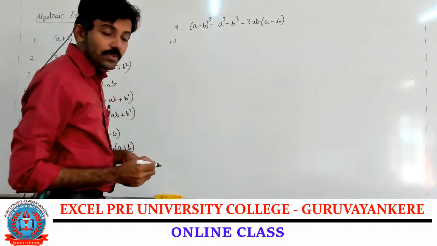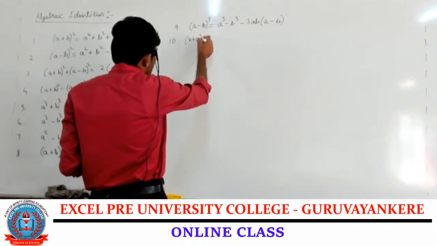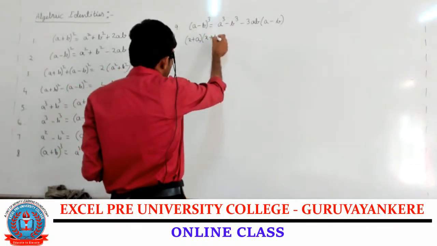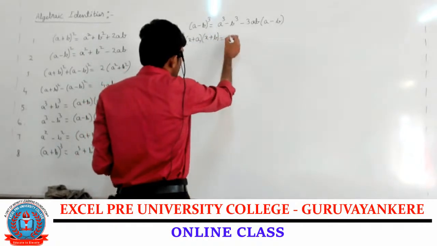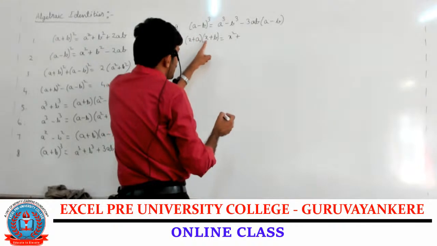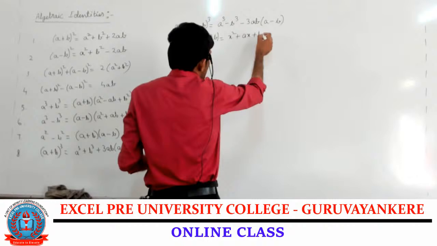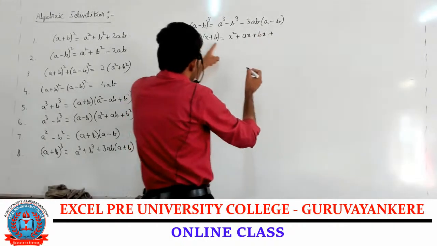Next, we have (x plus a) into (x plus b). (x plus a) into (x plus b) is equal to x into x, x square, x into a plus bx... that is ax plus bx, plus ab.